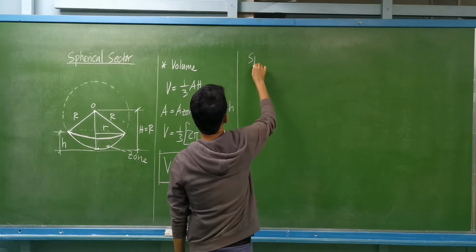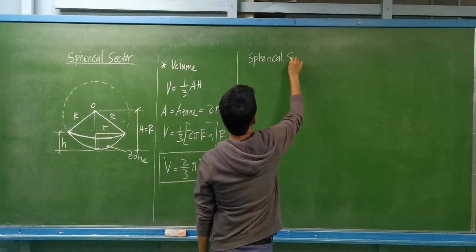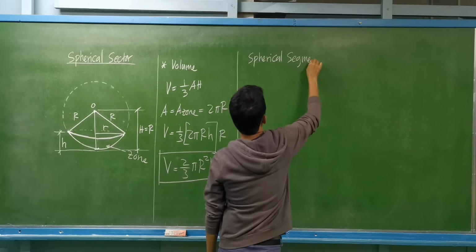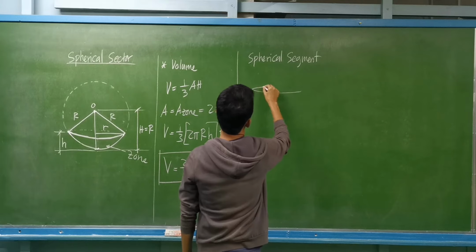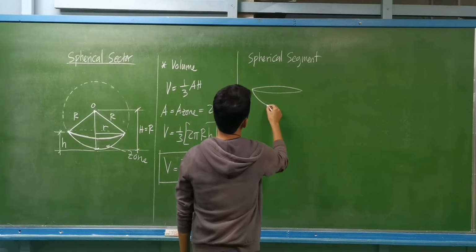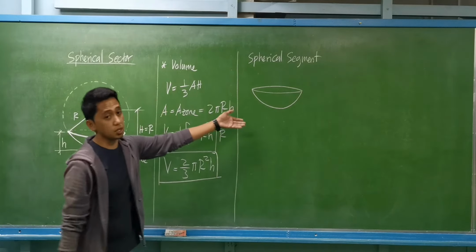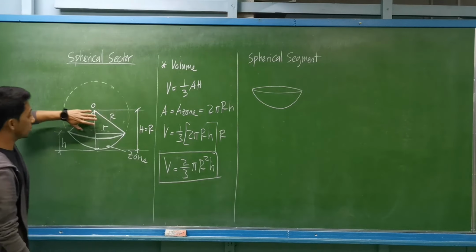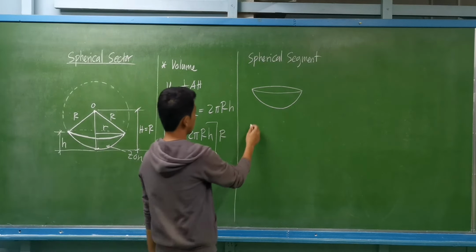We have it as the spherical segment. Just removing the cone from the spherical sector, we have the spherical segment.